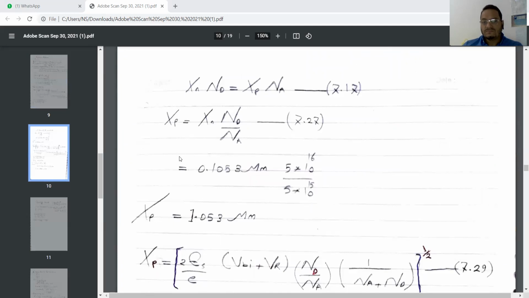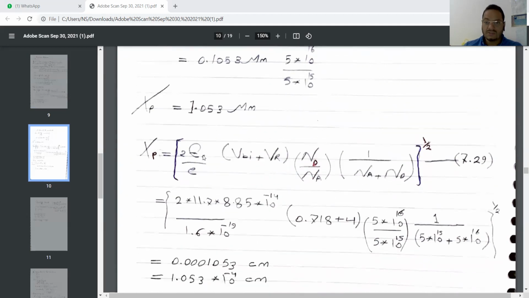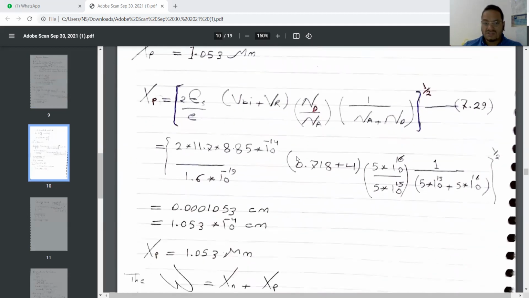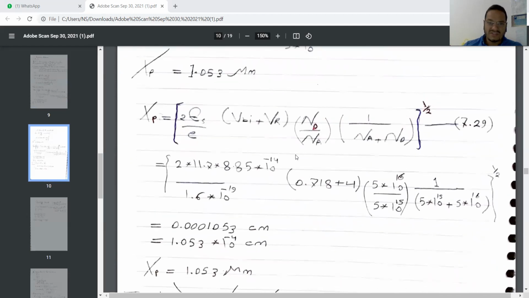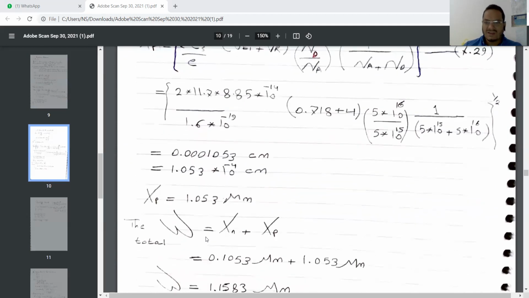Here, the width of the depletion region in the P side equal 1.053 micrometer. Or we can use this equation, there will be the same result. Actually, I used these 2 results to calculate, and after that did a comparison between them. The last results are the same.